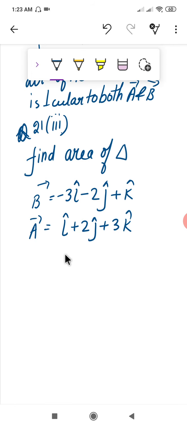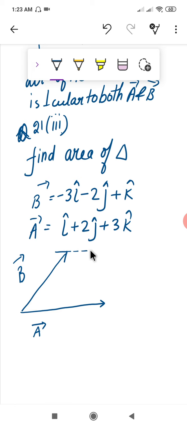Now see, if A and B are like this, A is this vector and B is this vector, and you complete the parallelogram, then the area of this parallelogram can be given as A cross B. Now if they are asking find the area of the triangle whose sides are A and B, then you need half of the area of the parallelogram.